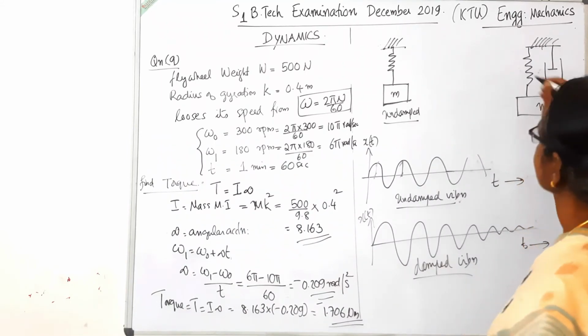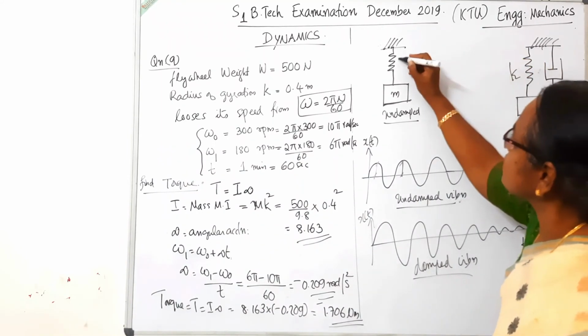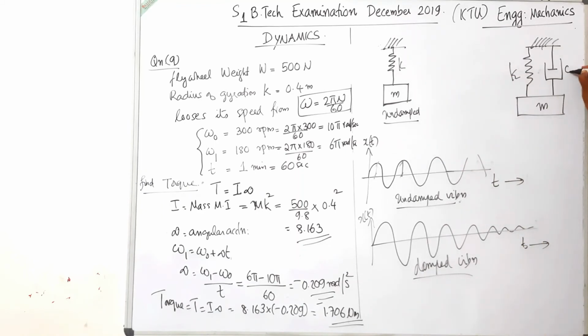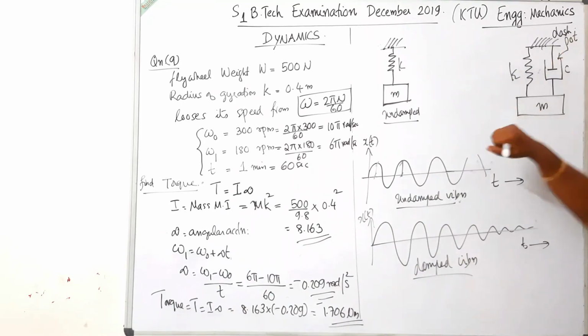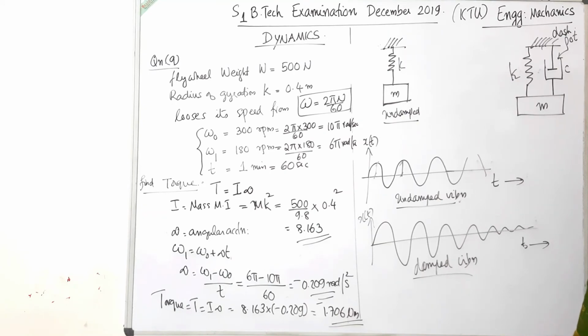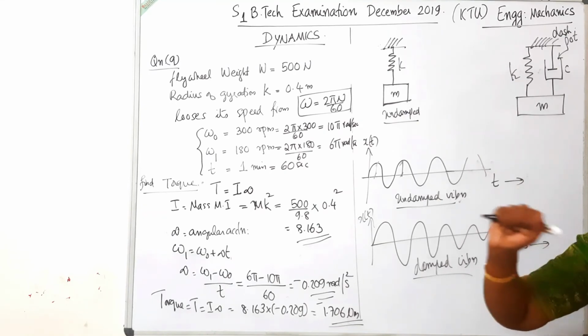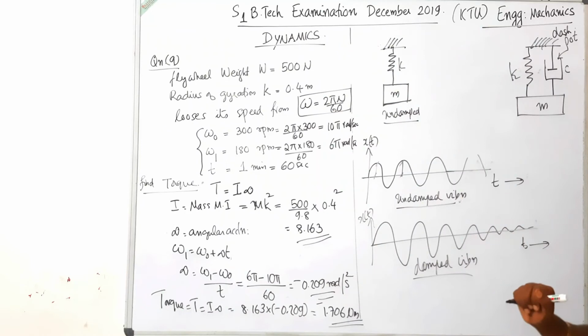The mass is attached to a spring of K and this is called a dashpot. A dashpot is a cylinder in which a piston is moving, just like the piston moving inside a cylinder with fluid medium in the engines of cars. This is the representation of damping.